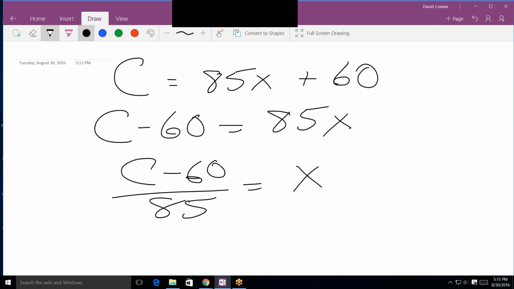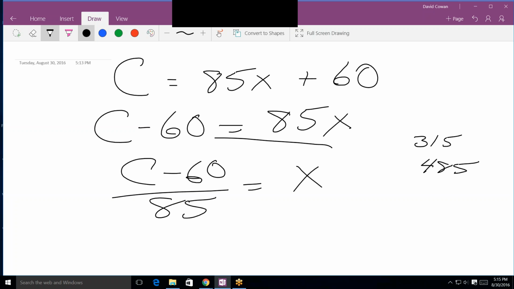Now, is that all they wanted for this problem? They wanted you to solve for x in terms of C. And then: how many ski trips do you take if you spend a total of $315 and then $485? So how do we solve for x?